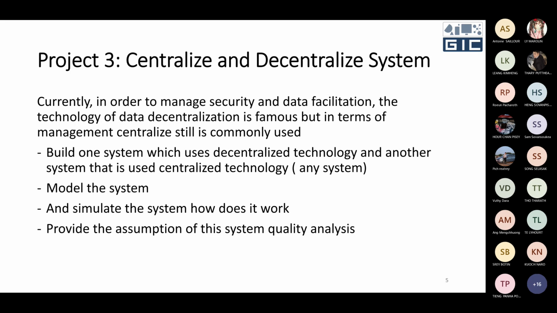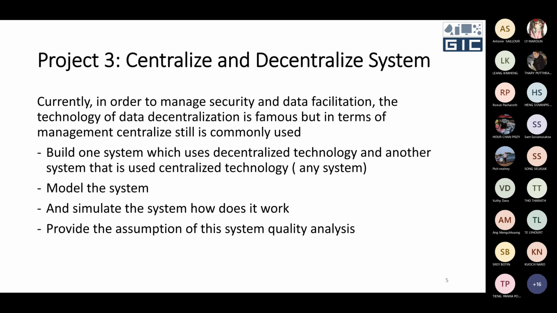Or your system can use a control function: you have only one system, and in some particular term it is centralized, in the other term it is decentralized, or you keep the systems separate. So you have your choice, one system combined or separate one by one, and model the system.